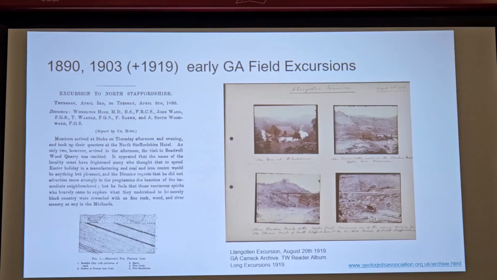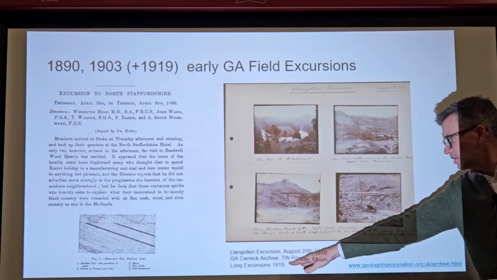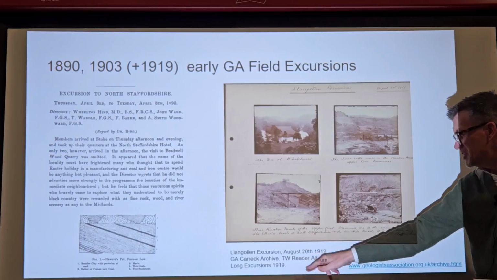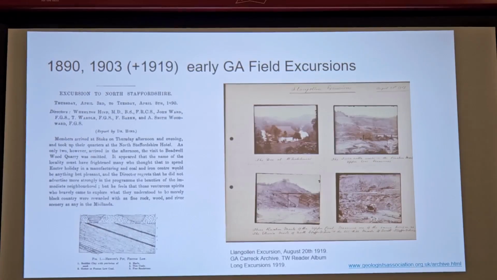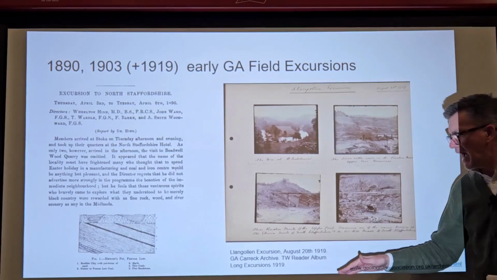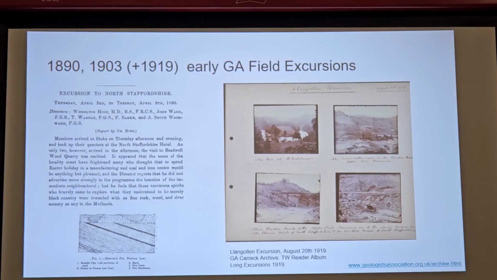So, one of the great contributors to the GA Carrick archive was this person, Thomas William Reader, T.W. Reader, and he accompanied field excursions from about 1906 through to 1919 and took photographs and provided an album record of every single excursion that they undertook. This is a typical page with these well-composed images, all of which are labelled and described.